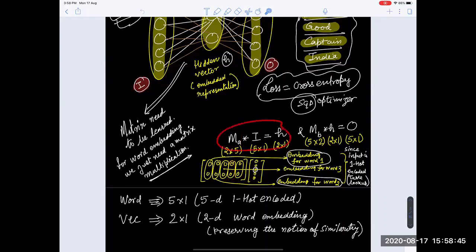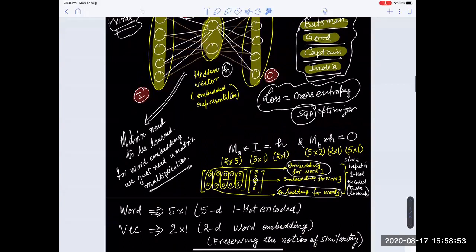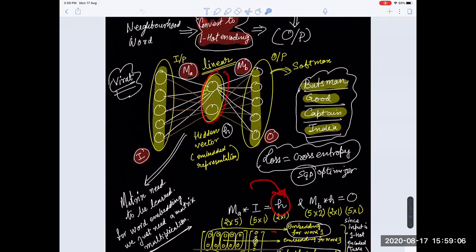When you multiply this, you get this hidden representation. So actually what is happening is that given this matrix MA, when you multiply with your I, you are going to get an output H, and this output is nothing but a 2-dimensional representation which can describe my input in the best possible way, so that it can fulfill all of its relationships.